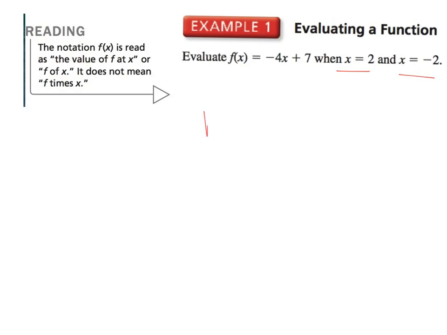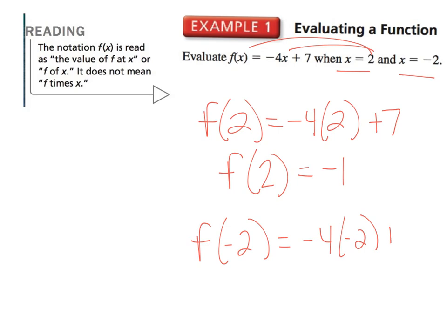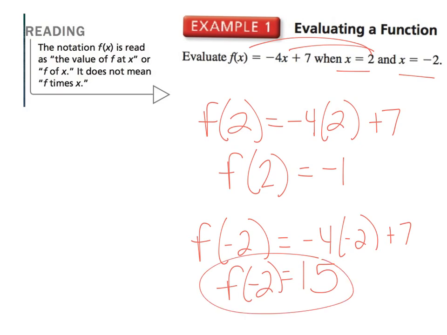So all we do is plug it in. We want to plug in the 2 for x. So it's f of 2 equals negative 4 multiplied by 2 plus 7. So f of 2, or the value of f at 2, is equal to negative 8 plus 7, which is negative 1. Same thing, easy. If I do f of negative 2, I just plug in negative 2 for x. That gives me 8 plus 7, which is 15. So f of negative 2 is 15. f of 2 is negative 1.